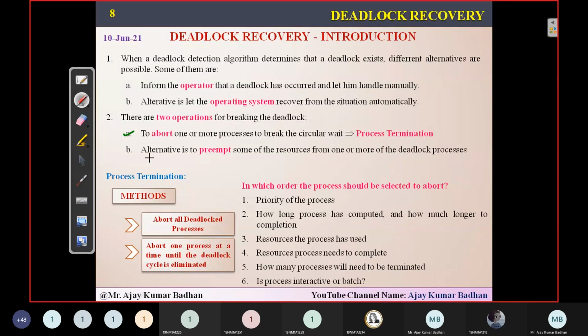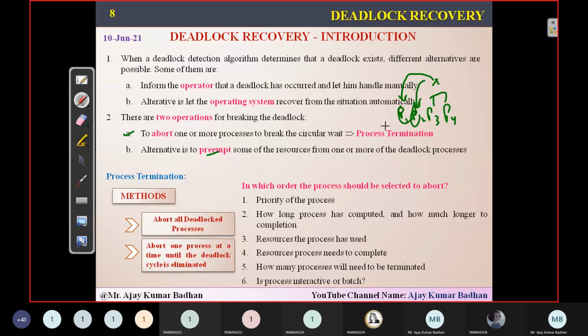Second alternative is we can preempt the resources. This time we will not abort the processes, rather we will just take back the resources from the processes which are in deadlock. So P1, P2, P3, and P4 are in a deadlock state, right? Among them, for one or two processes, whatever resources they have, I will take them up and give those resources to P1 and P2.